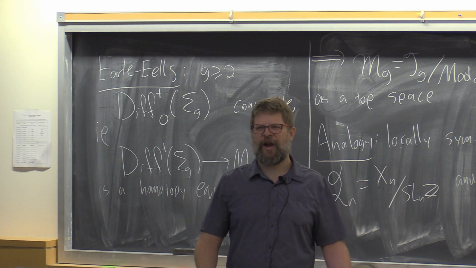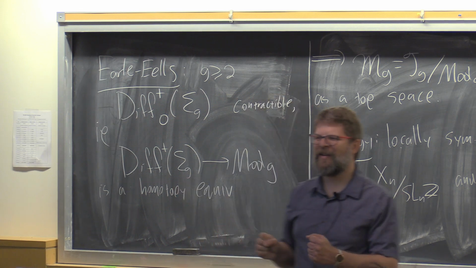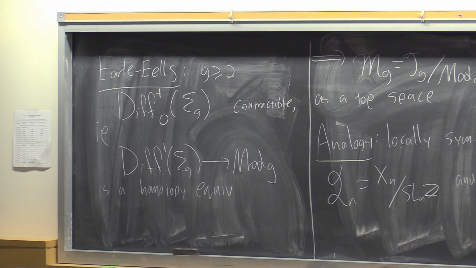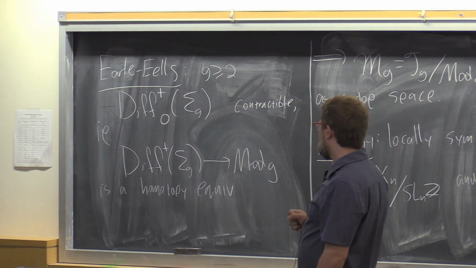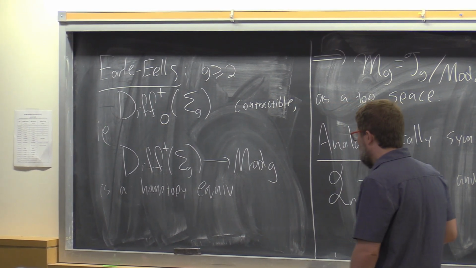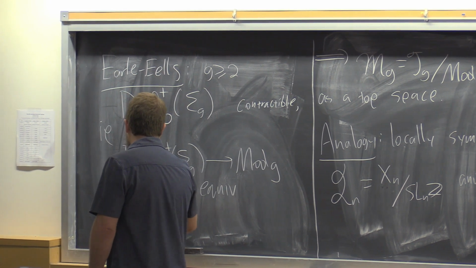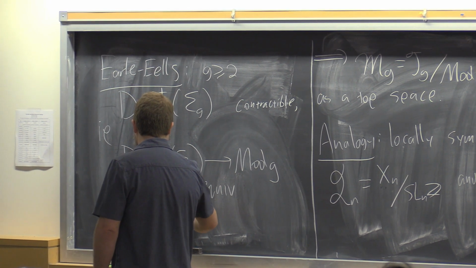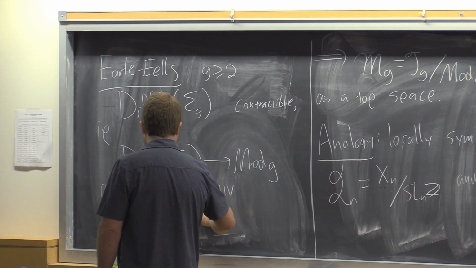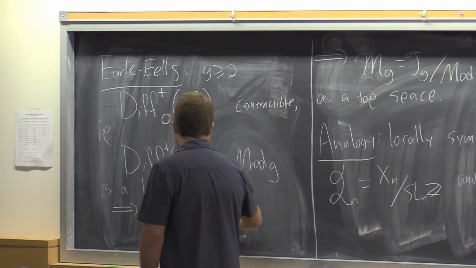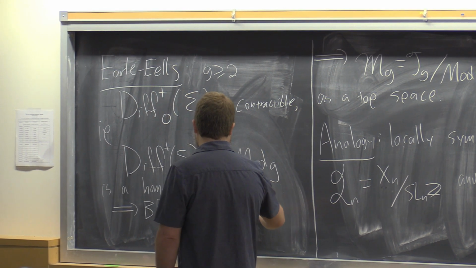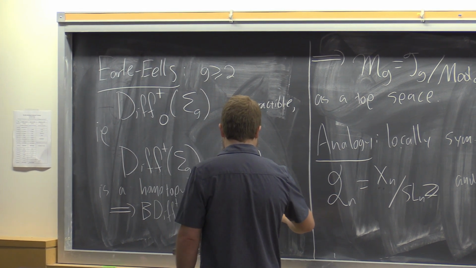Take a bunch of contractible things and quotient, and you get that this is homotopy equivalent to a classifying space for the mapping class group.